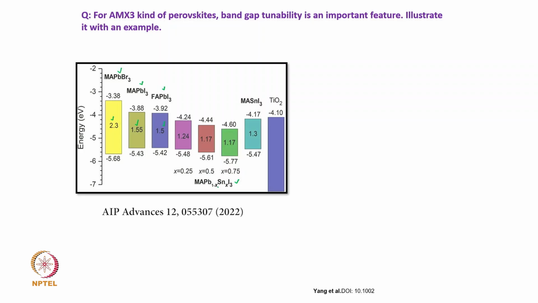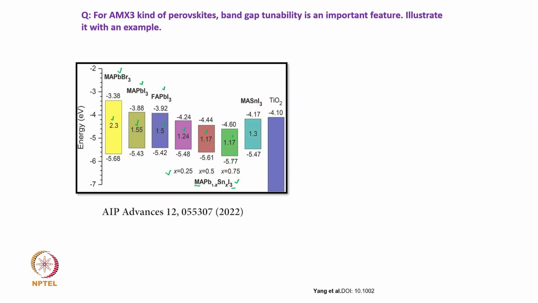Okay. So, now I take the x 0.25. So, here MA and the halogen they remain same. Okay. So, I start with x 0.25, the band gap is 1.24 electron volt, and then for 0.5 x the band gap becomes 1.17 electron volt, and for 0.75 also the band gap is more or less same, 1.17 electron volt.